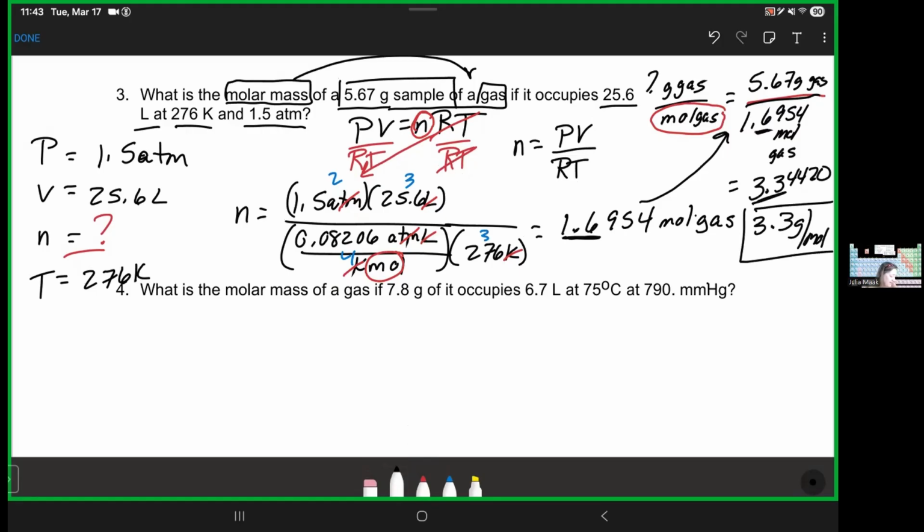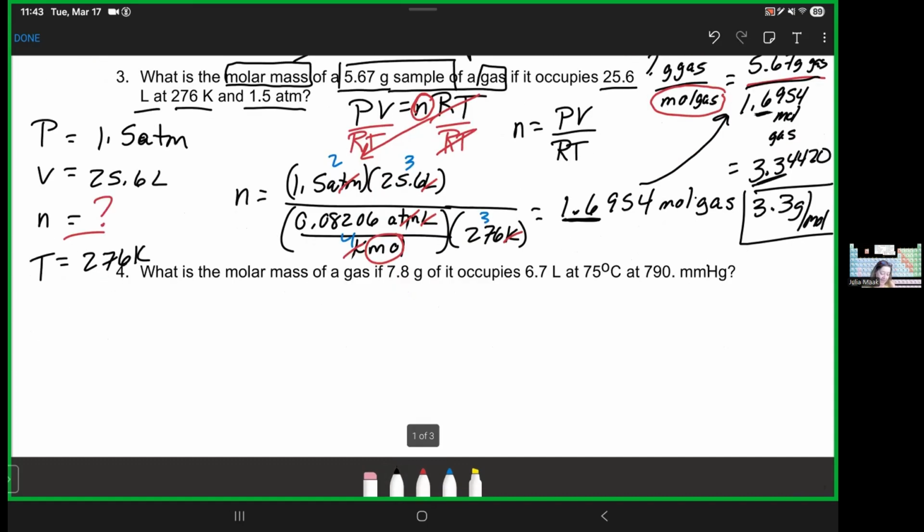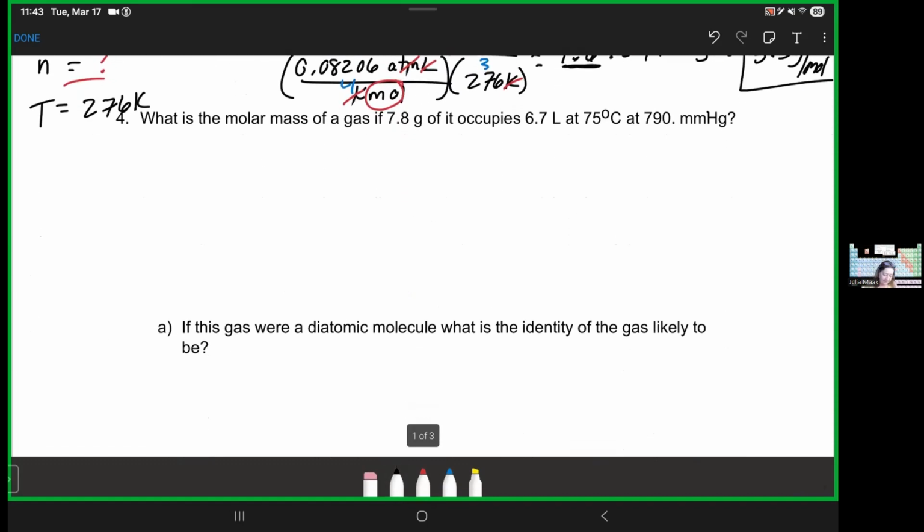That's my molar mass of my gas. Okay. So that's just something else you can do with a gas law. They give you the mass of the gas and all of the other information. You don't know what the gas is. So you can't just take your grams and use molar mass to solve for your moles, because you don't know your molar mass. That's what we're calculating. So you can do that with the ideal gas law.